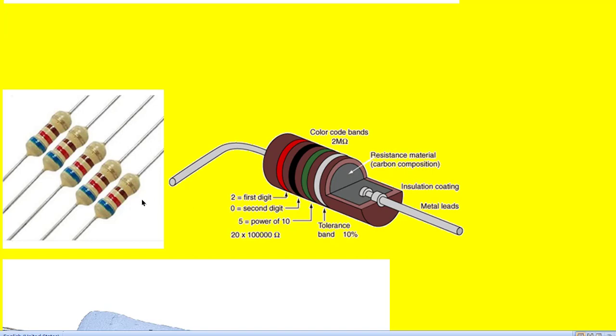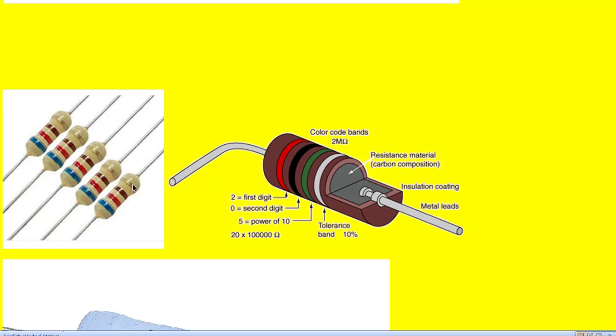If it is a 5-band resistor, we take the first three digits as they are, but the fourth band we take as the number of zeros after the first three digits. As usual, the last band may be a silver band or a gold band.